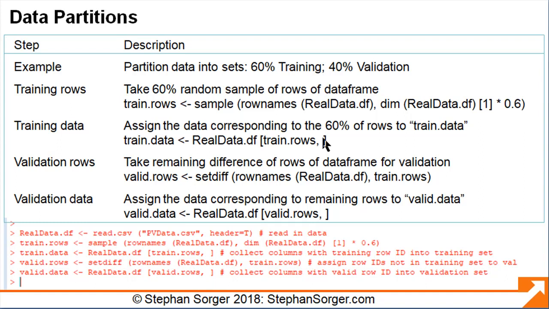We call the resulting training data train.data. We then take the remaining rows and declare those to be the validation partition rows. Just as before, we get the data corresponding to the remaining rows as the so-called validation rows or valid rows. We call the resulting validation data valid.data.